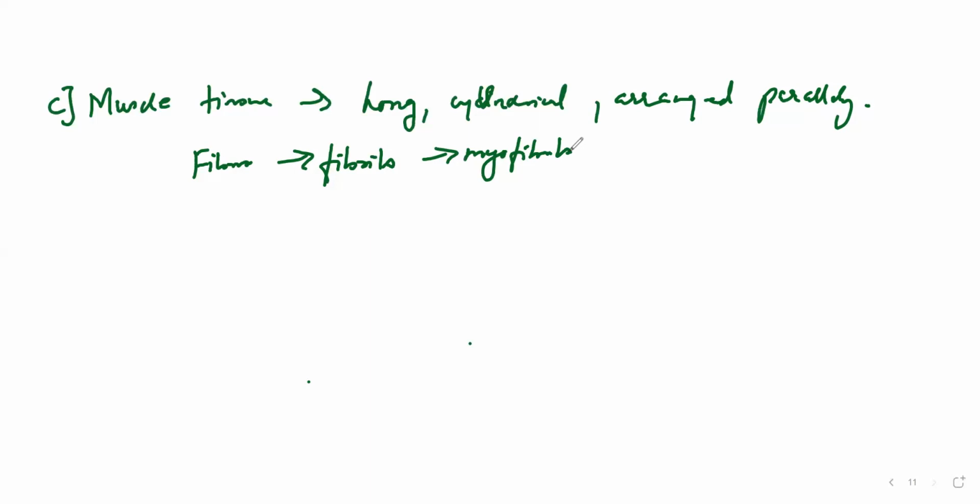So hence myofibrils. As I told you, this muscle tissue is again divided into three types. Now one more thing is myofibrils. What is the use of this? Simply, its use is in contraction and relaxation. Whenever you do a workout, obviously your muscle contracts and relaxes, right? So whatever extra activity you do produces lactic acid and you get pain in the muscle, all this is due to contraction and relaxation.